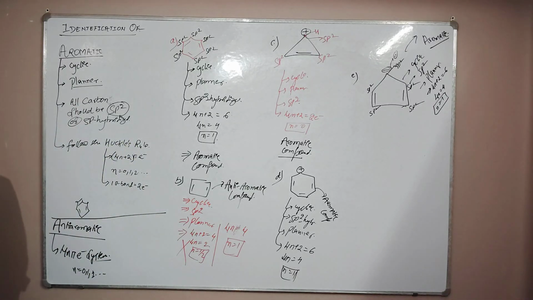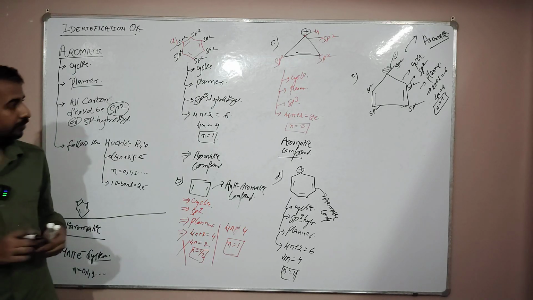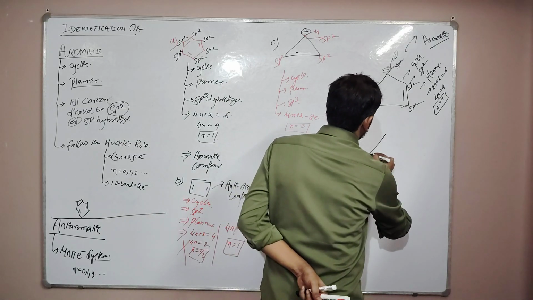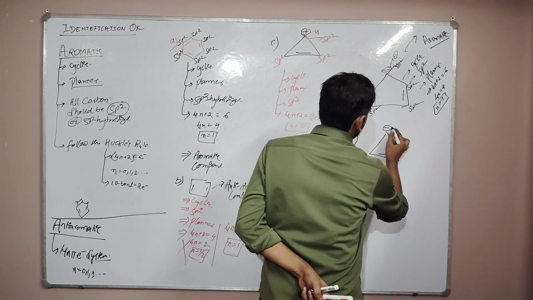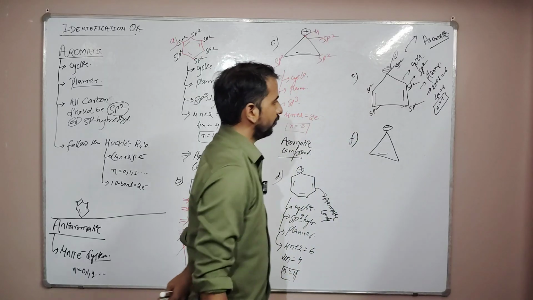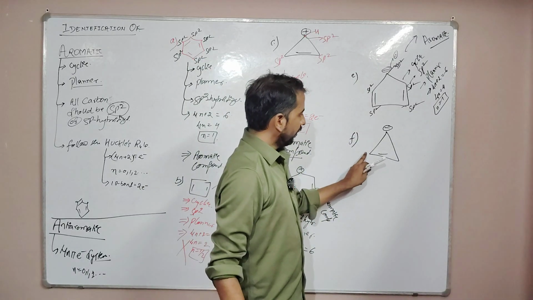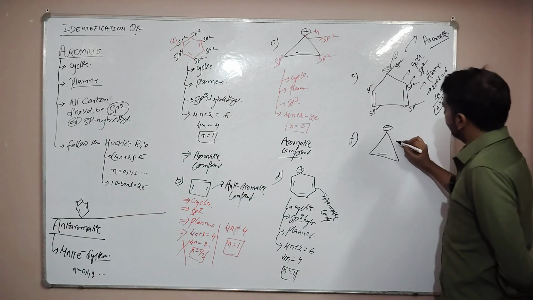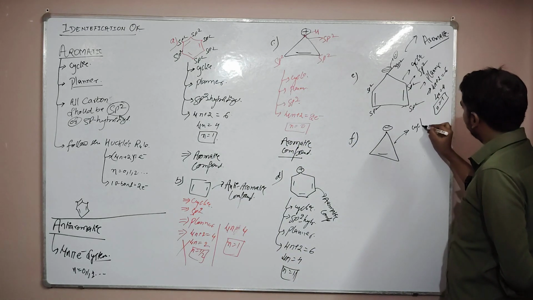We can see some more examples, like this example. Now for this example, just tell, the compound is what? The compound is cyclic.